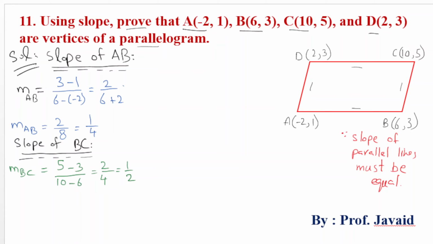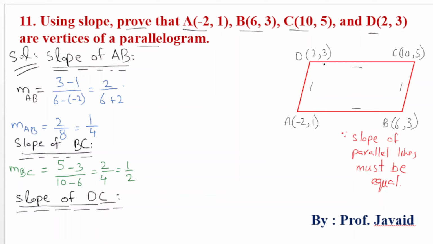Now let's move toward the slope of CD or DC. It's up to you, you can write anything, it's not a vector. In vectors we have to follow the direction, but here there is no need.